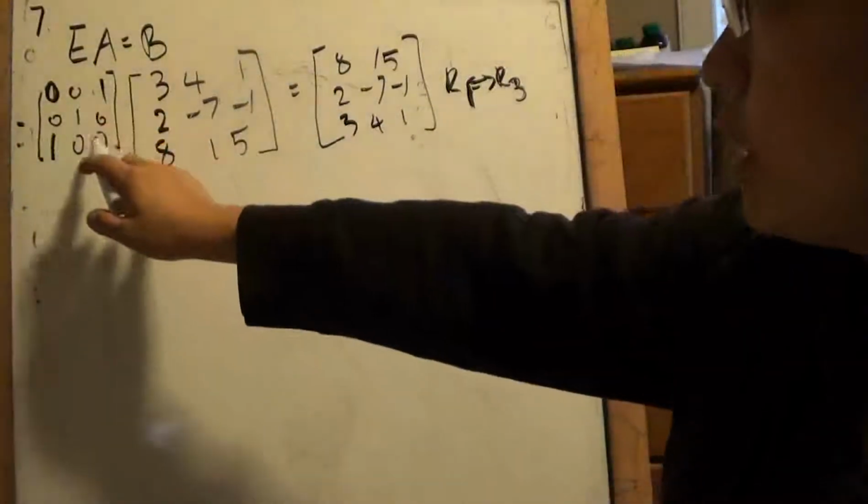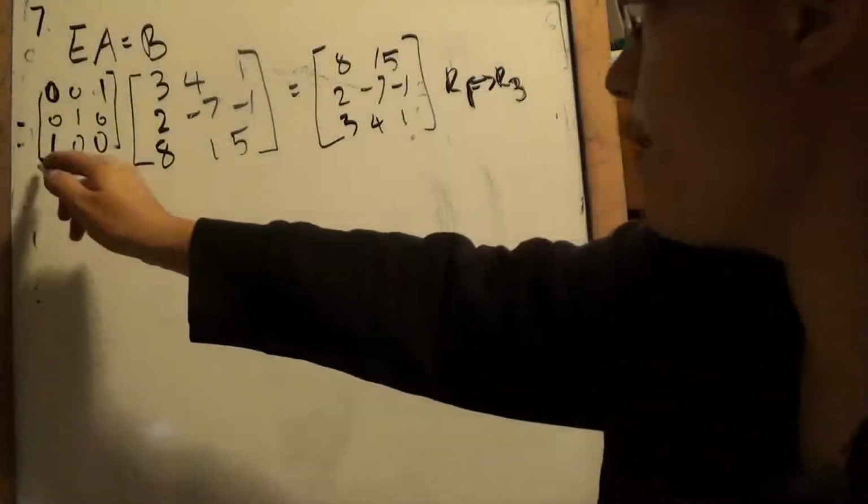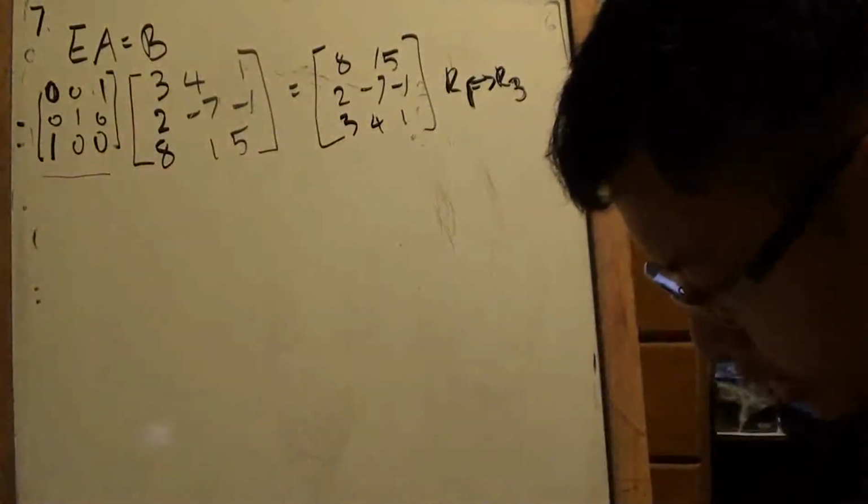See that? I just moved the third row to the first row and the first row to the third row. And that's all there is. I already found out what the E is, which is what the question is asking, right?